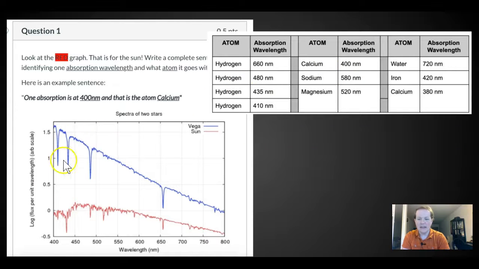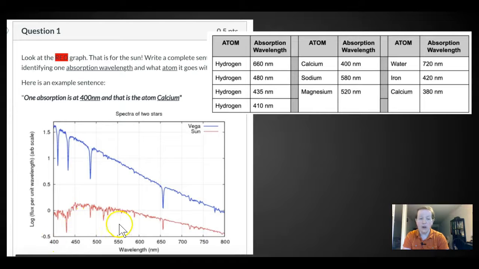Let's pretend there's a big dip right here, okay? So the graph is going along, and there's a big dip right here. What wavelength would that be? Oh, that would be 400. So if there's a dip right here, fingerprints, we could use this table.